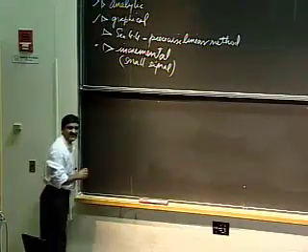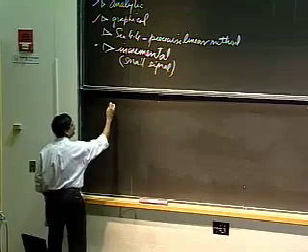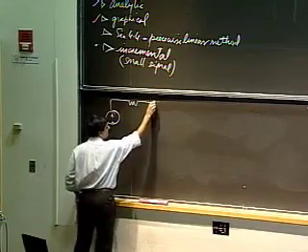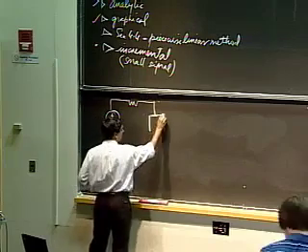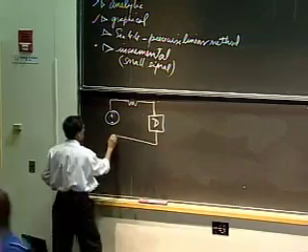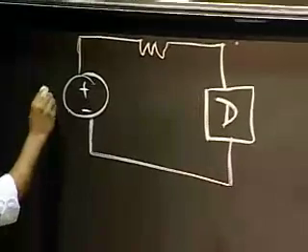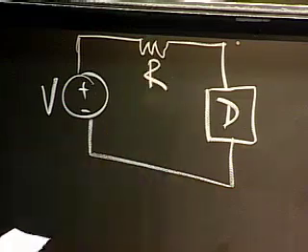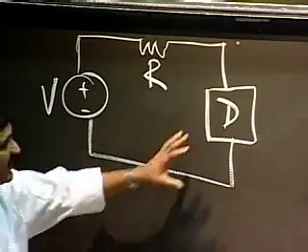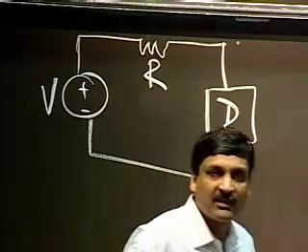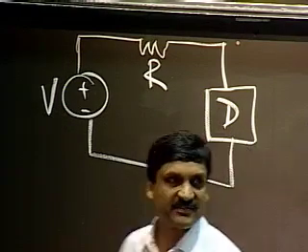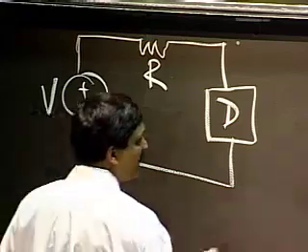Okay, so let's start with a simple example. Okay, so I have some voltage source V, and I have some resistor R, and I have a fictitious device here that I label D. Okay, let's call this fictitious device the expo dweeb.